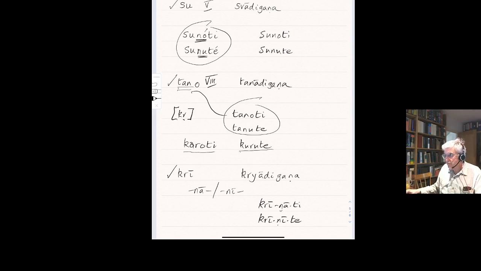I'm sorry, I have a feeling I might have been forgetfully hiding my iPad for a bit there. I was writing kri, kriyadigana, krina, krini, krinati, krinite. What I could do, again, is just put the stress mark there to indicate krinati, krinite.